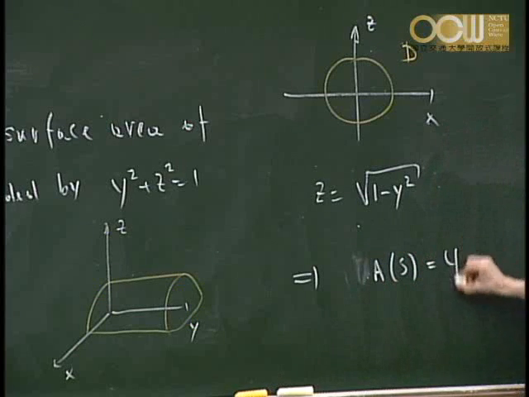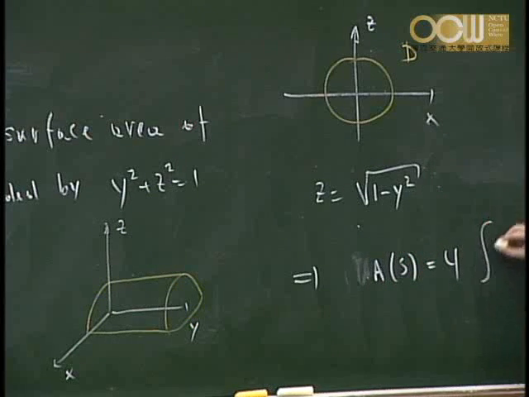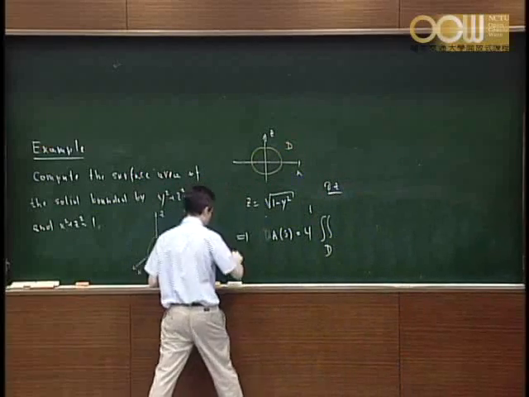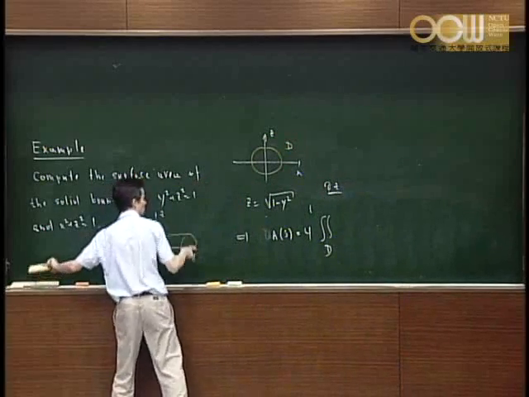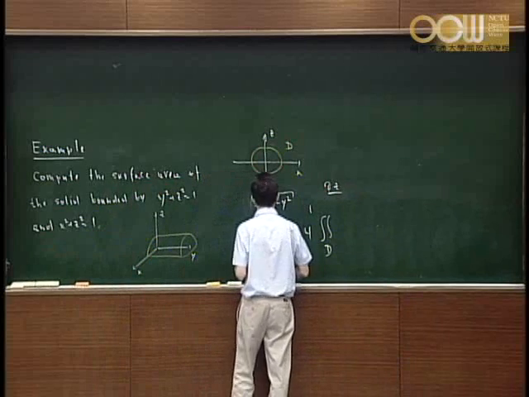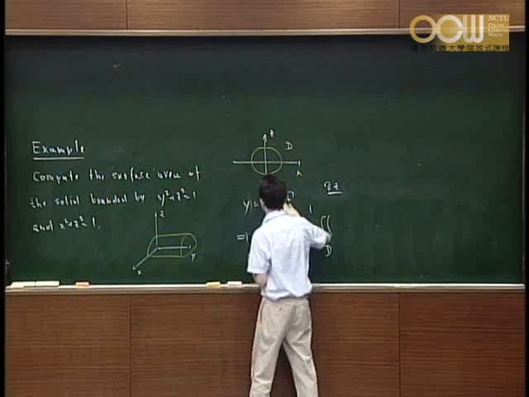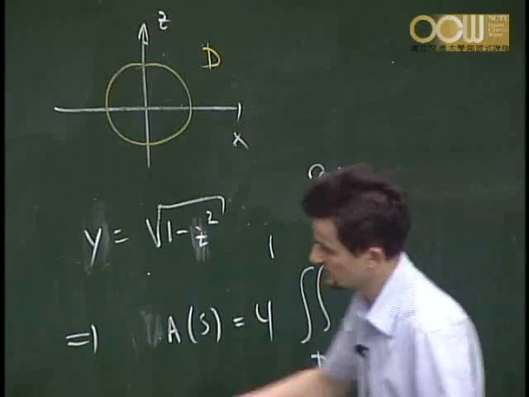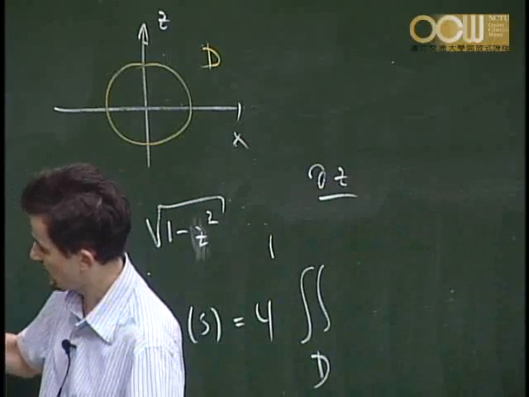So I have 4 times the double integral over D, and now my formula. Here I have to compute the partial derivatives. I interchanged the role here. So this is y here, and this is z, because the z is now my y.